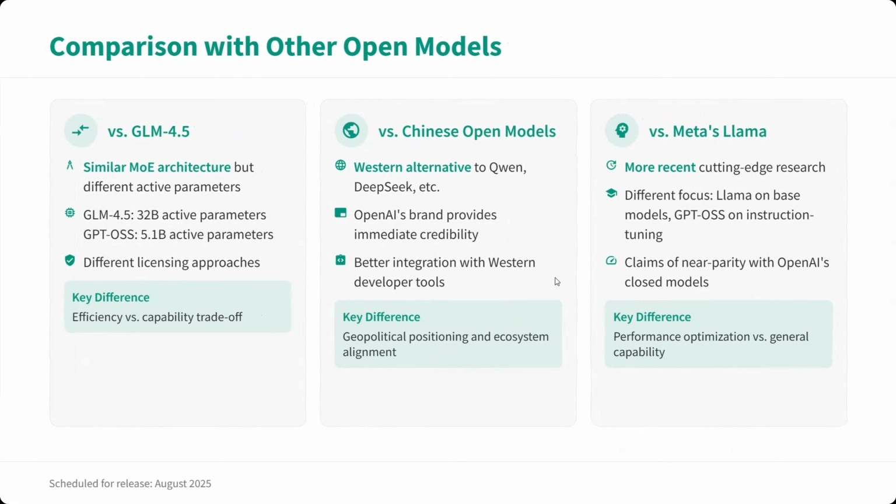And what is the comparison I wanted to do with the other open source models? It has a similar architecture to GLM 4.5, which is 32 billion and 5.1, a Chinese model.